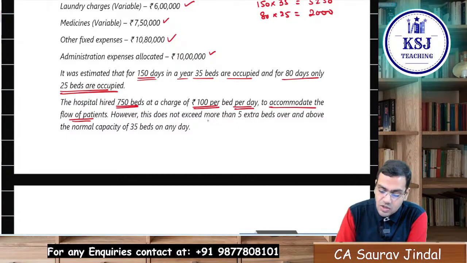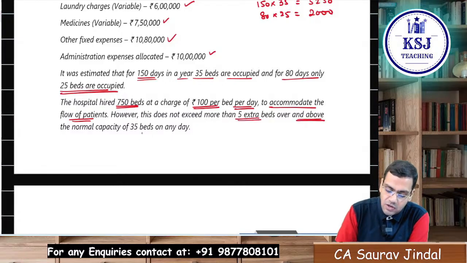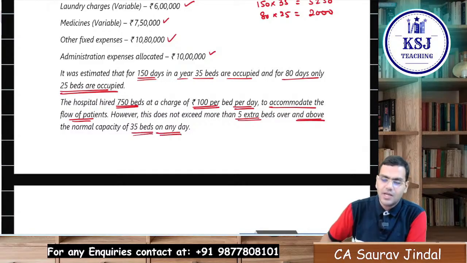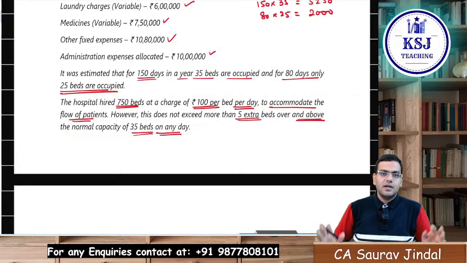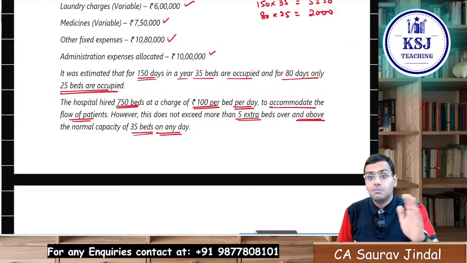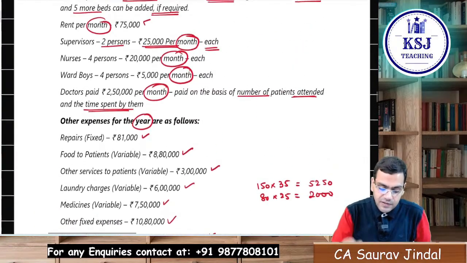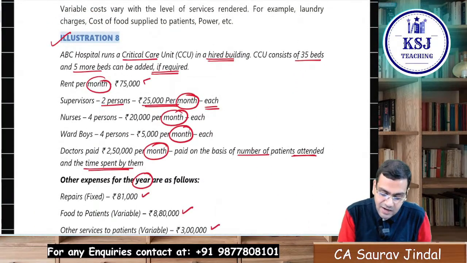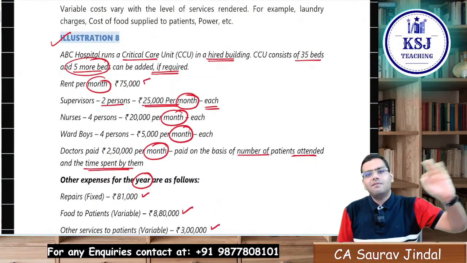However, this does not exceed more than 5 extra beds over and above the normal capacity of 35 beds on any day. Now, what he is saying is that, sir, in the whole year, you have hired 750 extra beds beyond 35 beds. It is given in the first line that you can add 5 more beds as and when required.